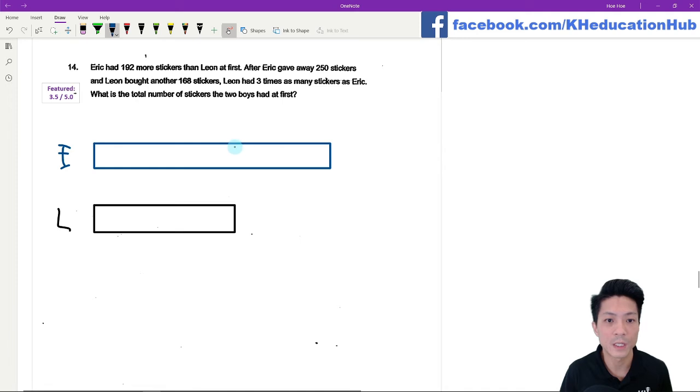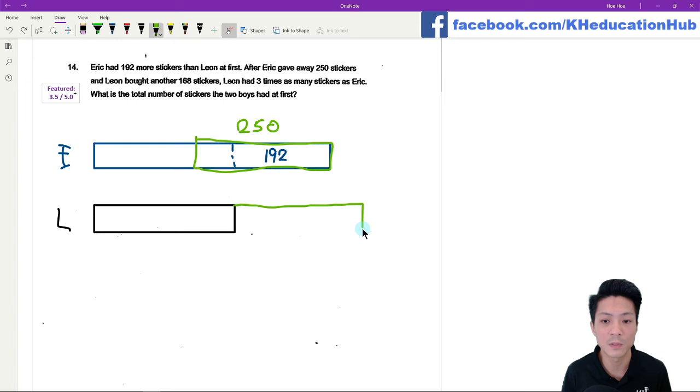Okay, Eric had 192 more stickers, so I'll draw the dotted line here. 192. Okay, after Eric gave away 250 stickers, I do not know how big or small is 250. I'm gonna draw a box over here that represents the 250. Okay, and Leon bought another 168 stickers. So I'm gonna draw a block over here that represents the 168.